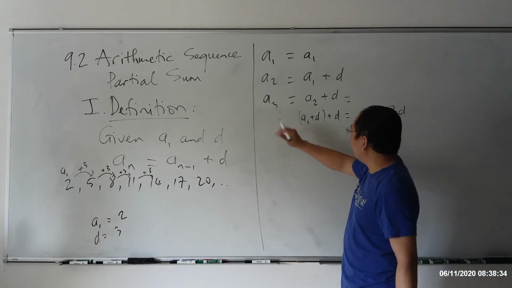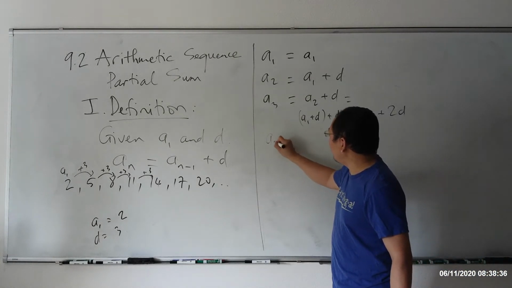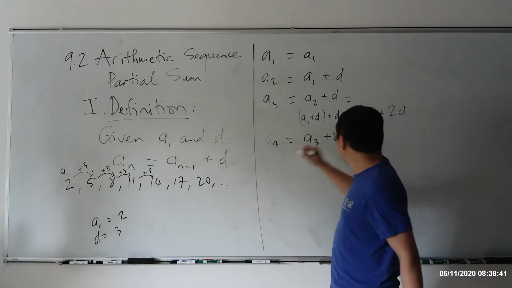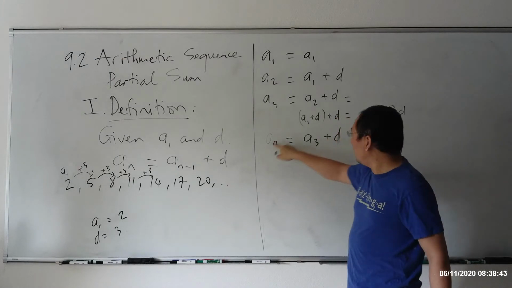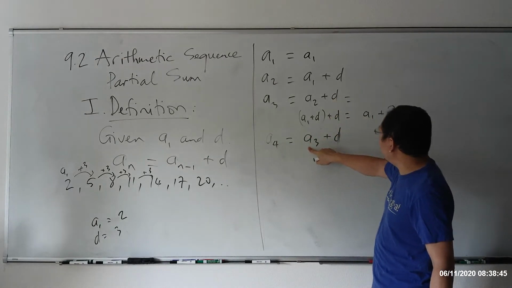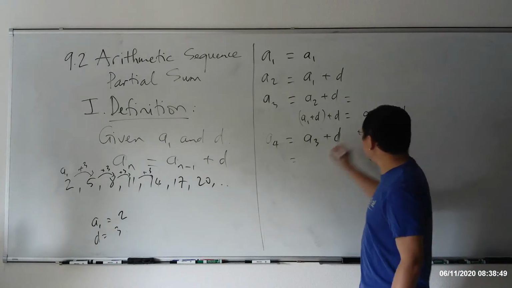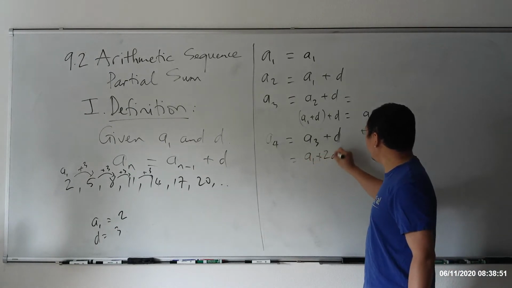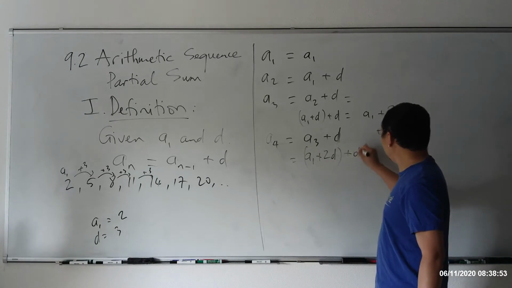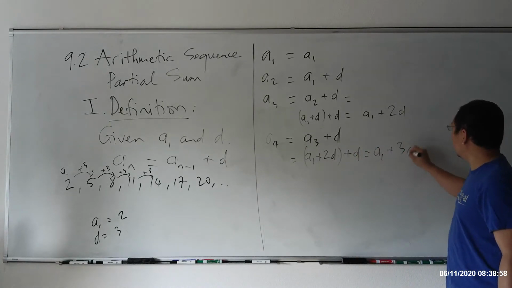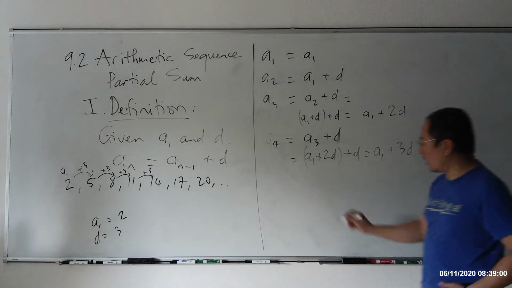After having A3, now we can calculate A4 as A3 plus D by definition. You use the previous term, A3, plus the common difference D. A3 is A1 plus 2D, and now add another D, combine the like terms, and you get A1 plus 3D.